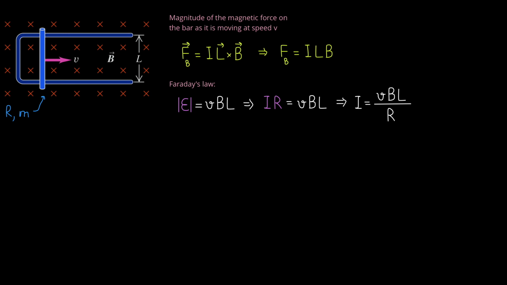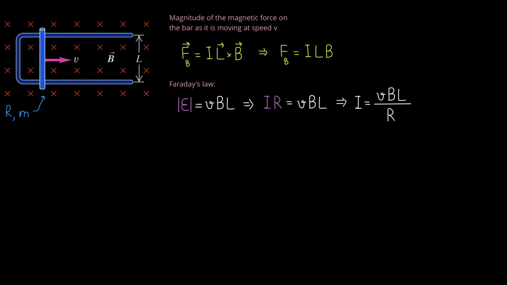So all these three directions are perpendicular to one another. So we can use the motional EMF formula, v times B times L, for the induced EMF in the bar. So in our rectangular loop, the induced EMF is v times B times capital L.